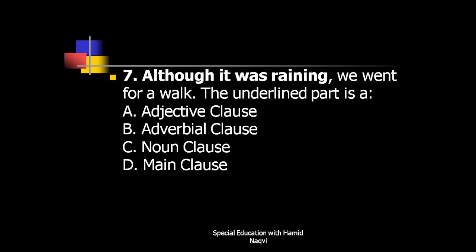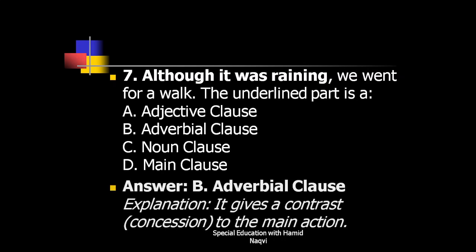"Although it was raining, we went for a walk." Although it was raining. What type of clause is it? Adjective, adverbial, noun or main clause? It is an adverbial clause. And what is the reason? It gives a contrast to the main action.